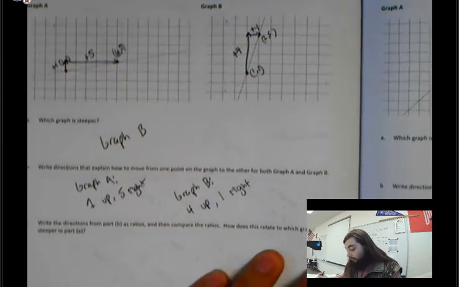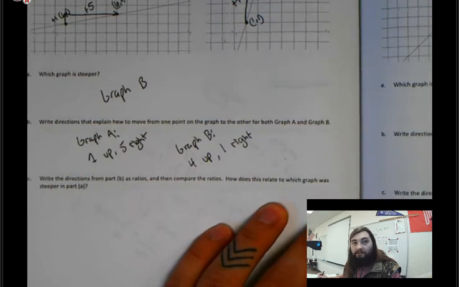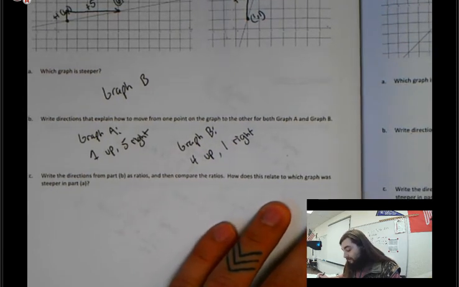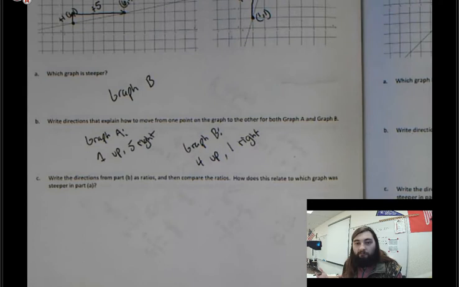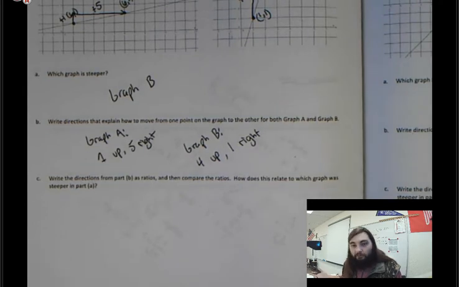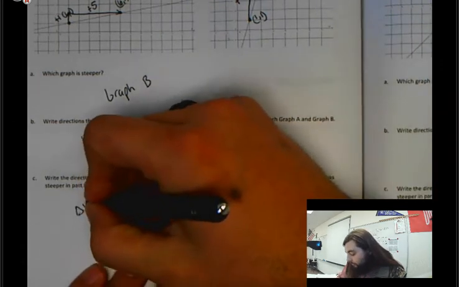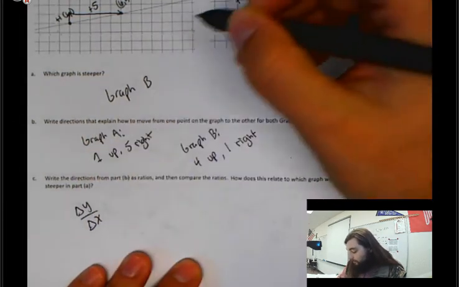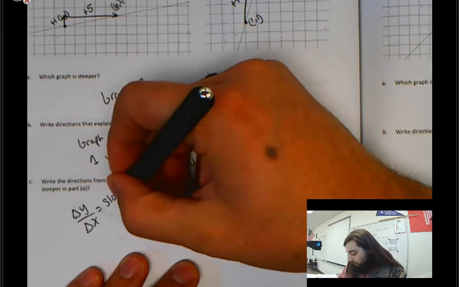Okay, part C asks you to take these directions, these movements from one point to the next, and put them together as a ratio, just like we've done before, and we're going to call this ratio our slope. We're looking at our change in y divided by our change in x. That's going to give us our slope.